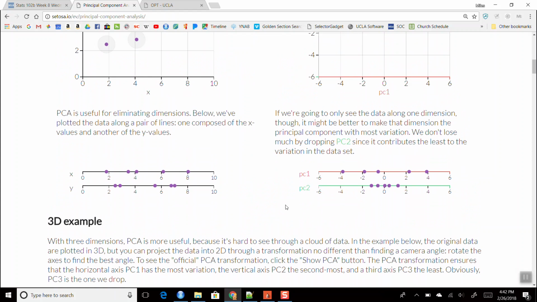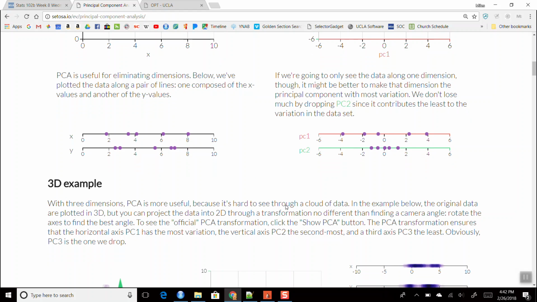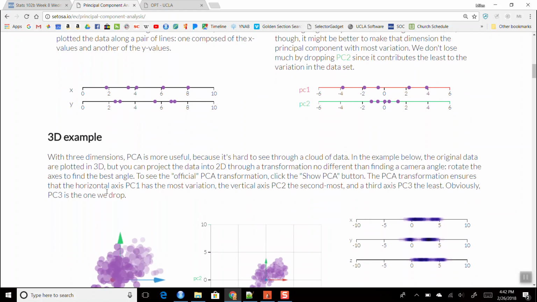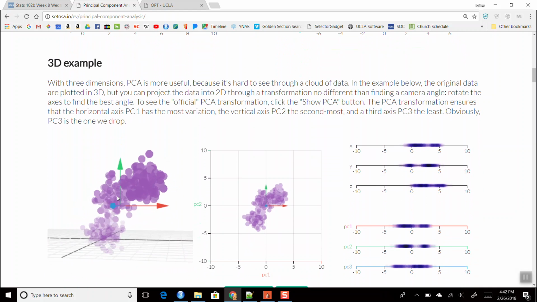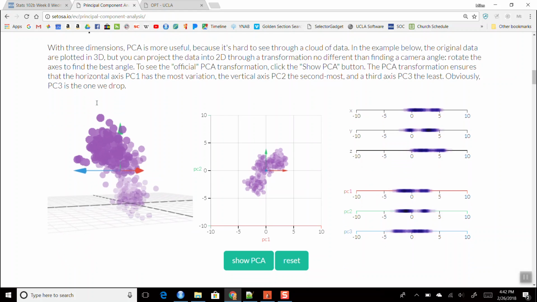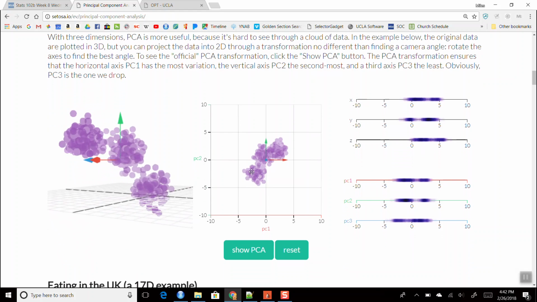It can be done in 3 dimensions, okay? And so here we have a data set of 3 dimensions rotating around, okay?